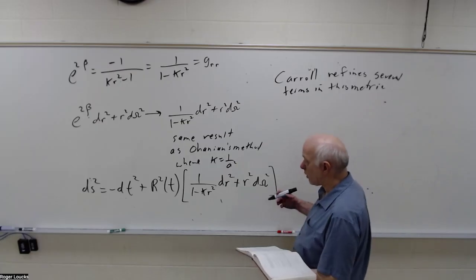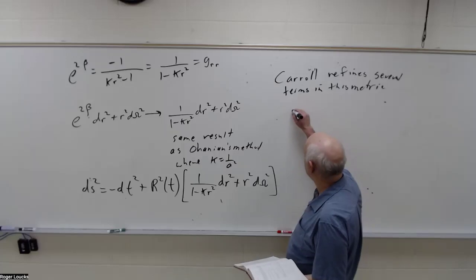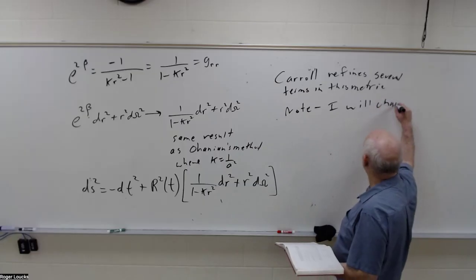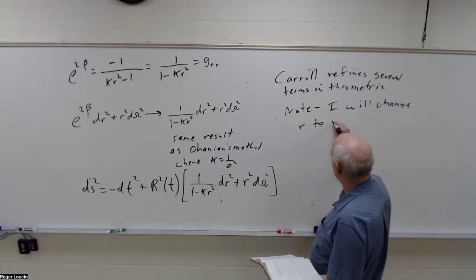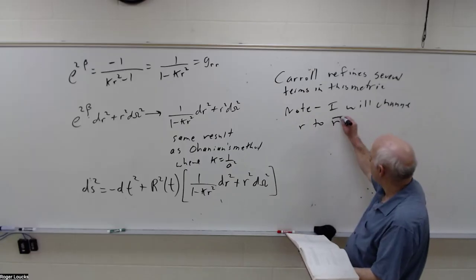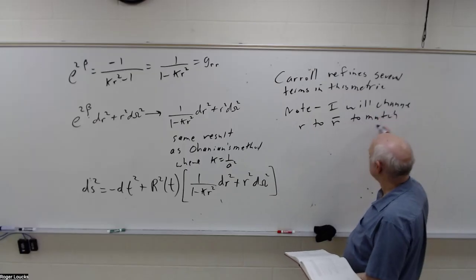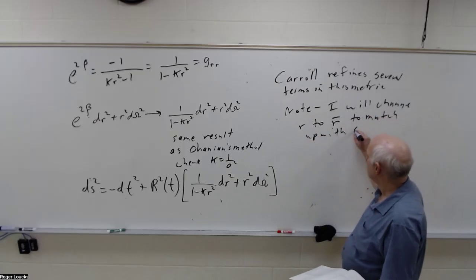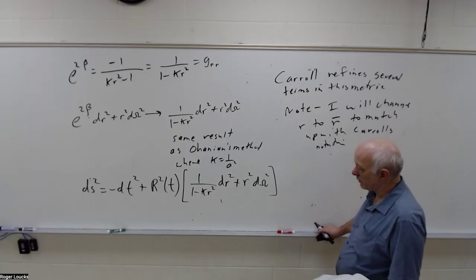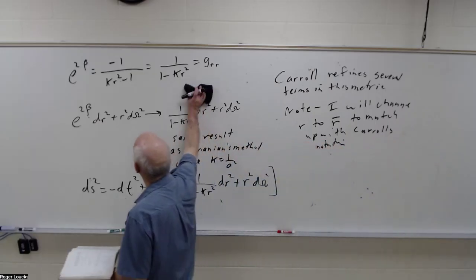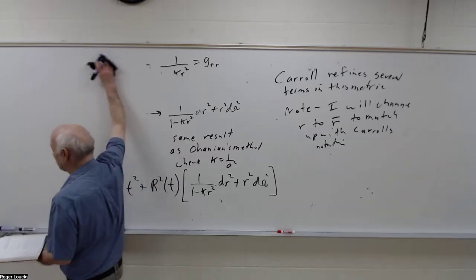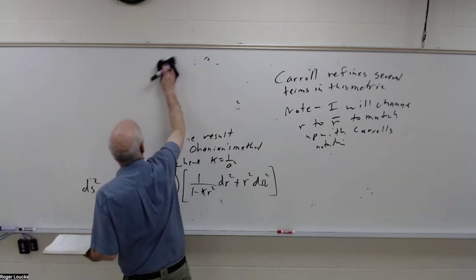So to begin with, just to be consistent with his notation, I will change R to R bar to match up with Carroll's notation. So if I rewrite that, I'm just going to put bars on things. We're going to go right back to R in just a moment. But this is just so you can match up and you can read what you have in Carroll's book.